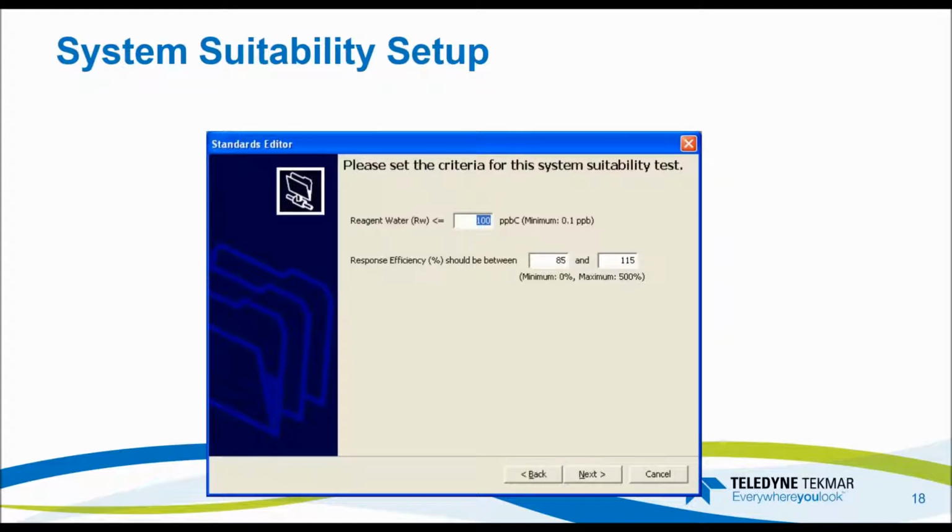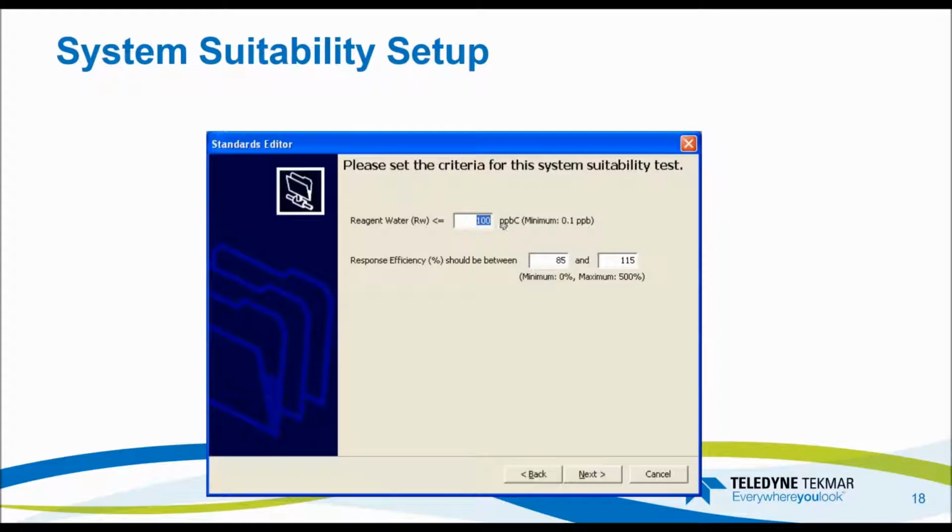There's something I really love about the Fusion. It makes USP 643 really easy to run, as it already has a system suitability standards thing in the software. So you can edit it too. It defaults as the reagent water must be 100 parts per billion, which the method talks about.